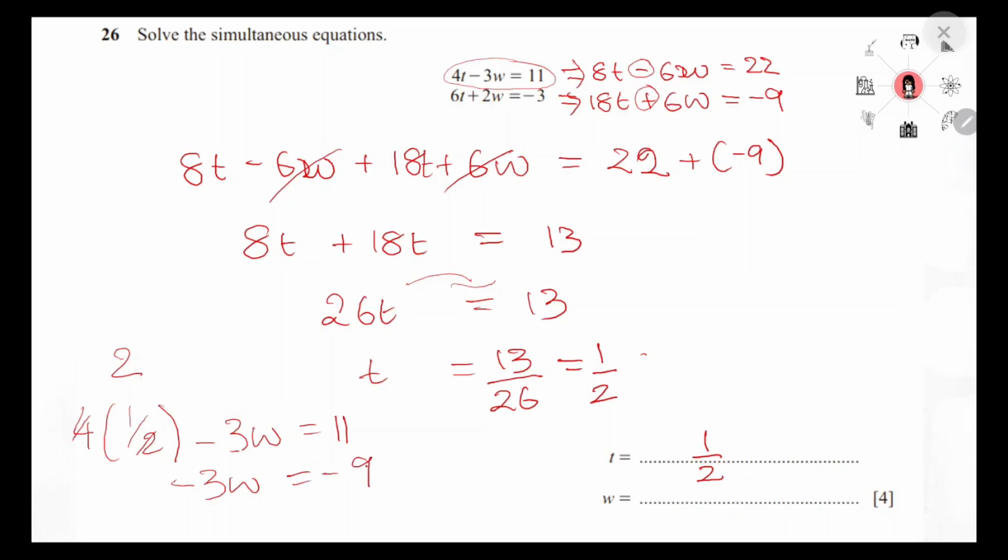No, I'm sorry, 11 minus 2 is just 9. And we'll take 3 to the other side, giving us 9 by minus 3, which equals minus 3. So w is equal to minus 3.